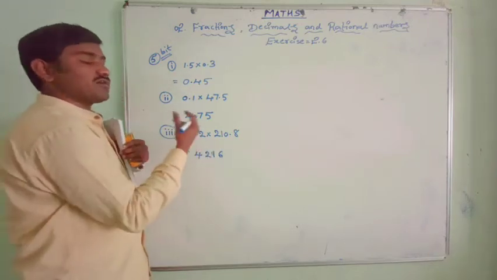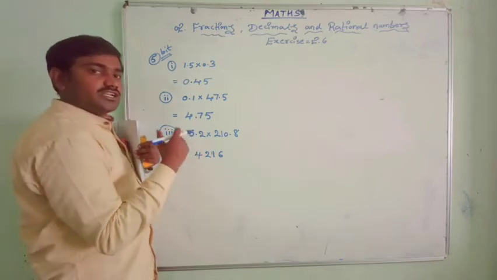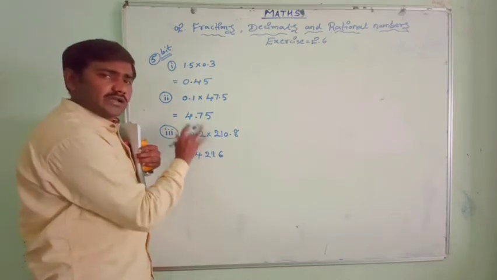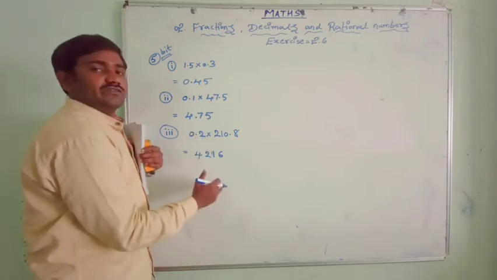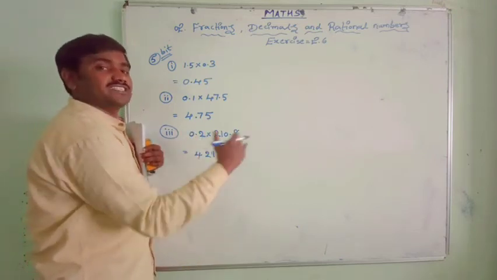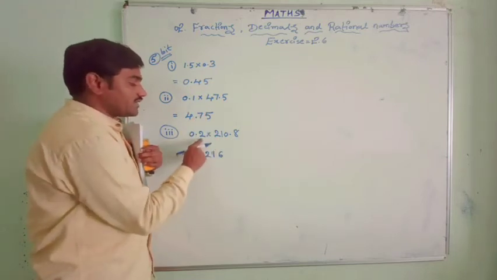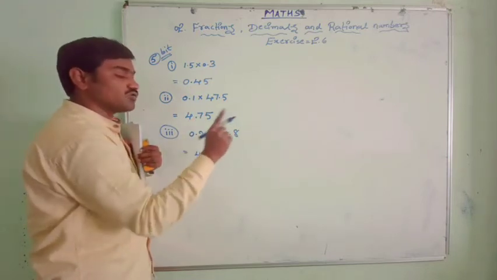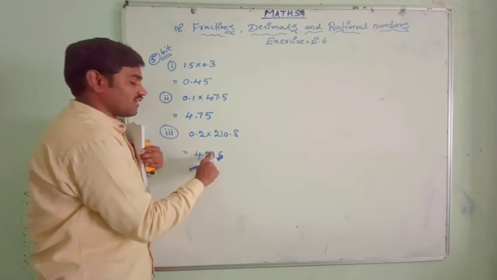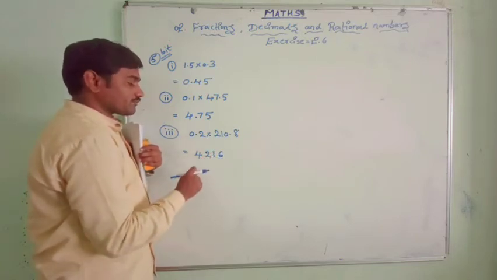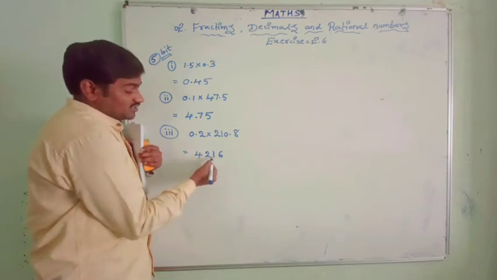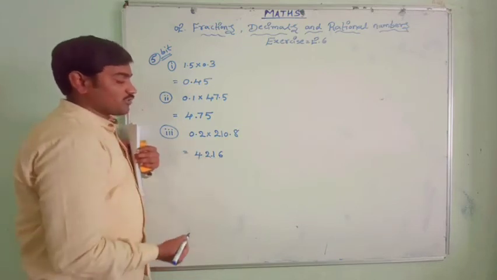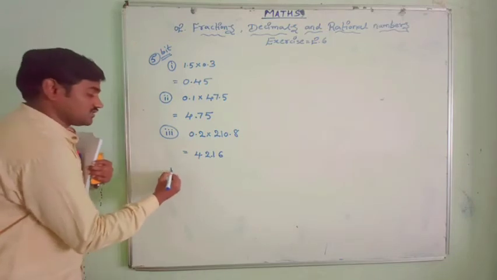Without decimals we have multiplied here. Just imagine that there are no decimals and multiply. Simple multiplication is completed. Then count how many decimal digits are there after the decimal point. Here one digit and here one digit. Two decimal digits are there in the multiplicand and multiplier. So those two digits we count from the right, that is 42.16 is the answer for this.